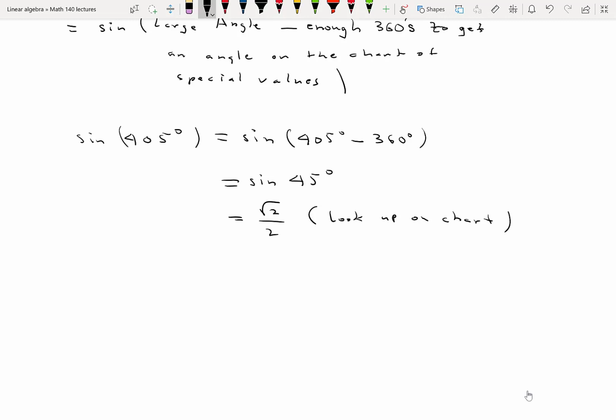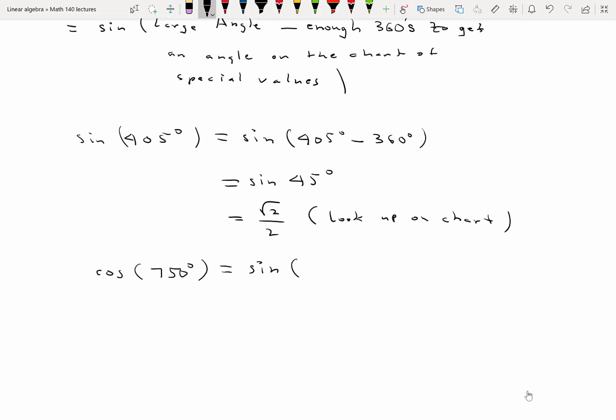Suppose I want the cosine of 750 degrees. So we ask ourselves, is 750 degrees on the chart of special values? No. The biggest number on the chart is 90 degrees.